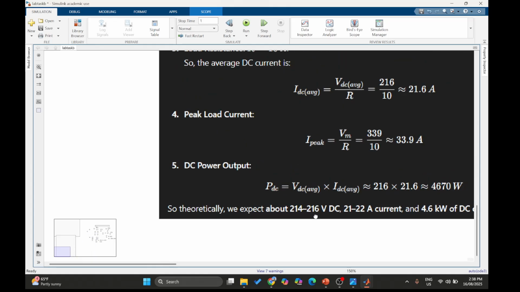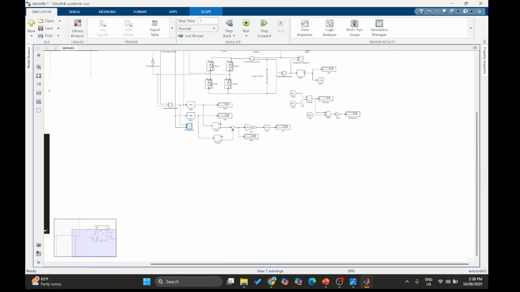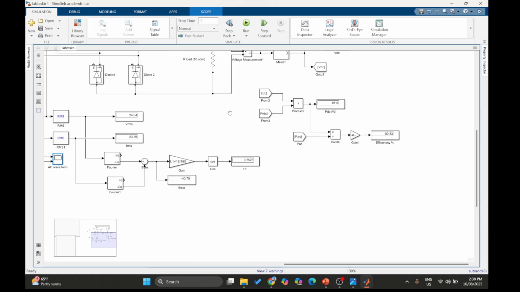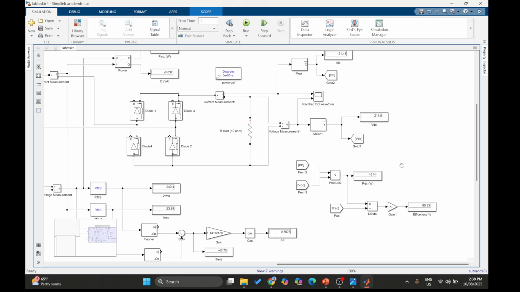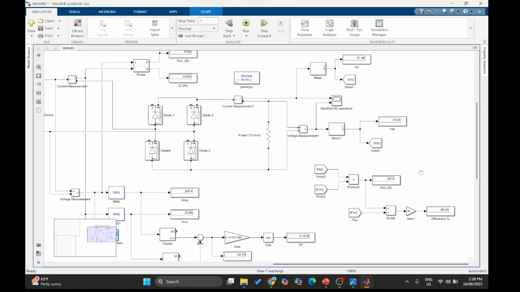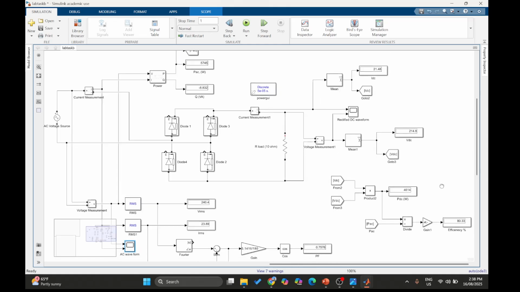So our DC power is 416. Yep, the rectifier has rectified the AC voltage, and now our DC output power is 4614, which is lesser than the PAC as expected.